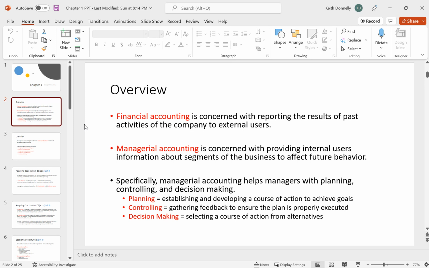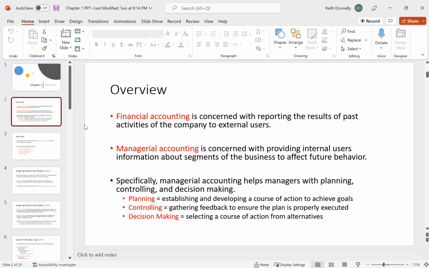So planning being things like establishing and developing a course of action to achieve goals. Controlling, making sure, right, we're on the right path to achieve those goals. And then decision making, selecting a course of action from different alternatives. So, if we have A, B, C that we can choose from, which one should we pick?